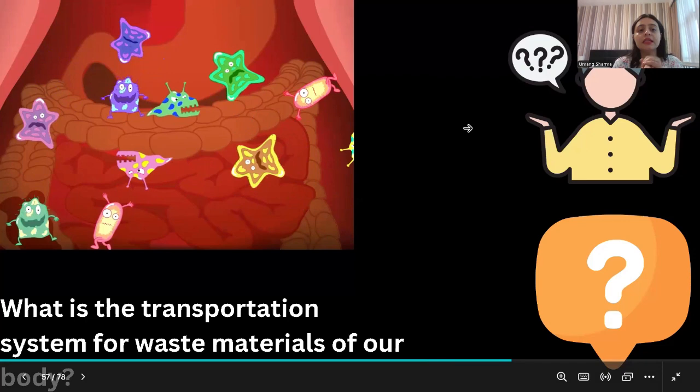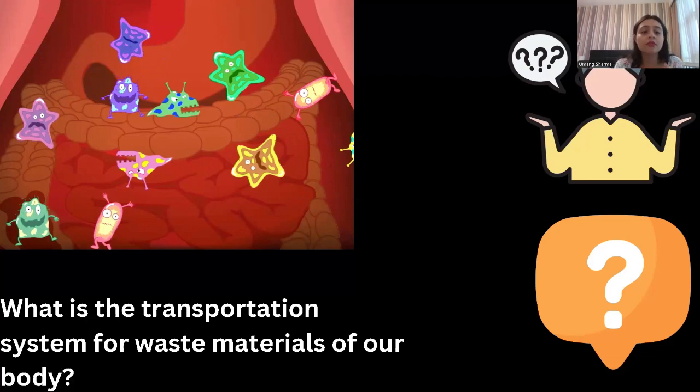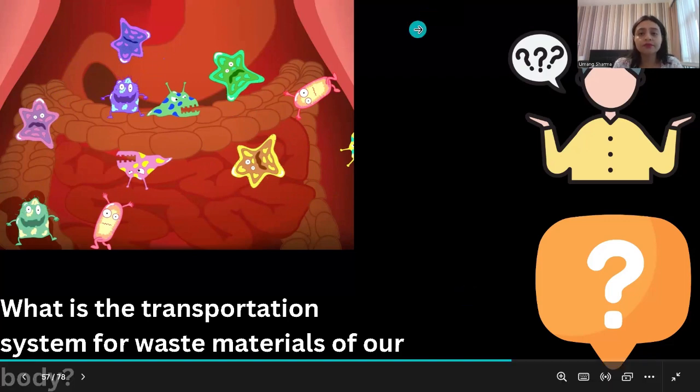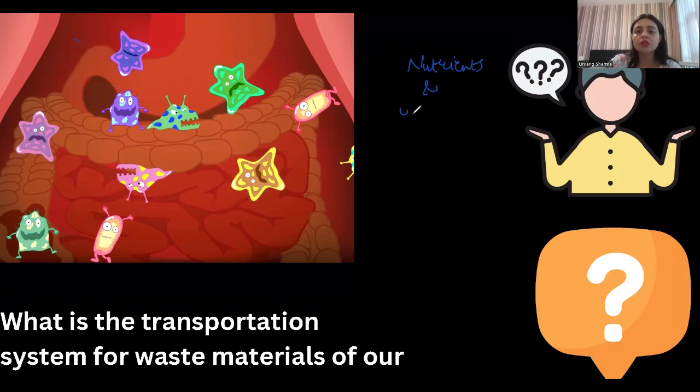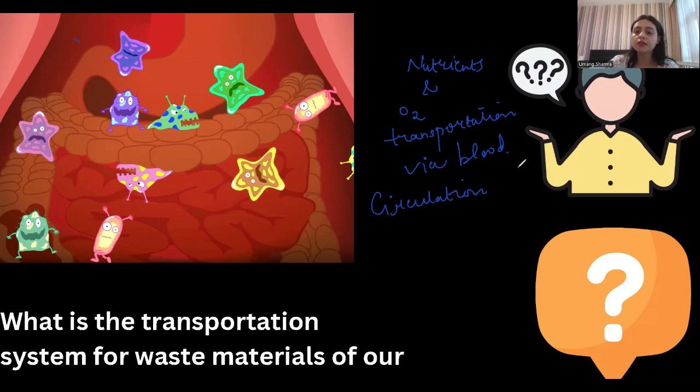All right, as you can see on the screen, there is a numerous amount of toxins present in our intestine, right? Likewise, we have studied about the various transportation systems till now, and oxygen transportation via blood, and we call that system the circulatory system.